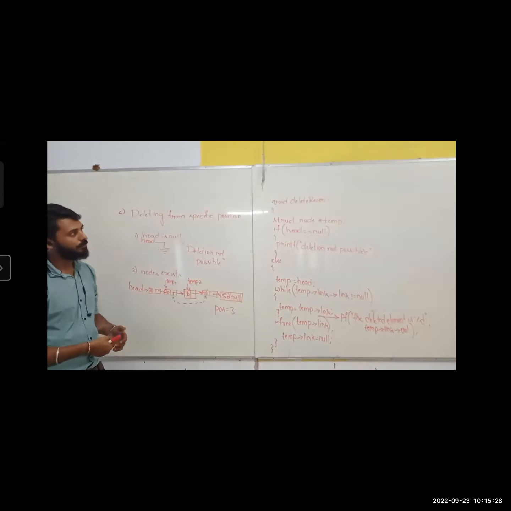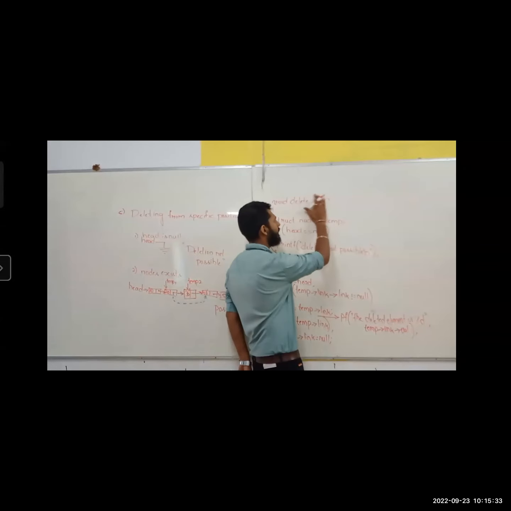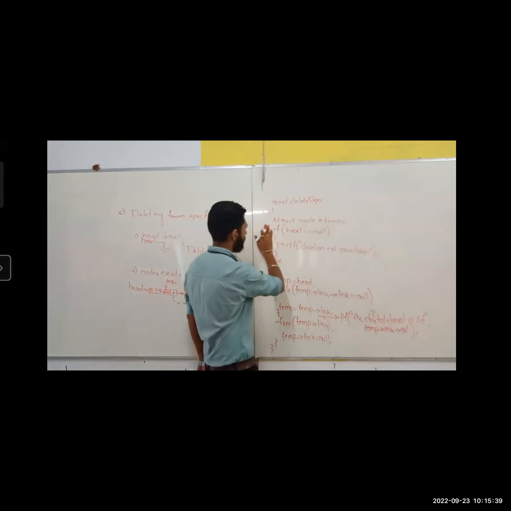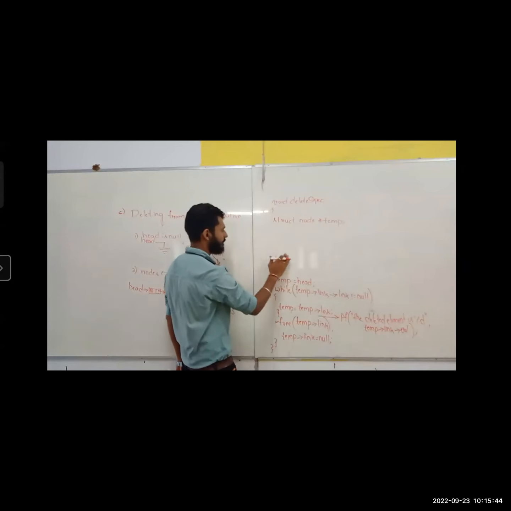So I'll not write the complete program here itself. I'll just try to change it. Keep observing what I should write. Okay, I think I should change this. No other option. What should I write here?